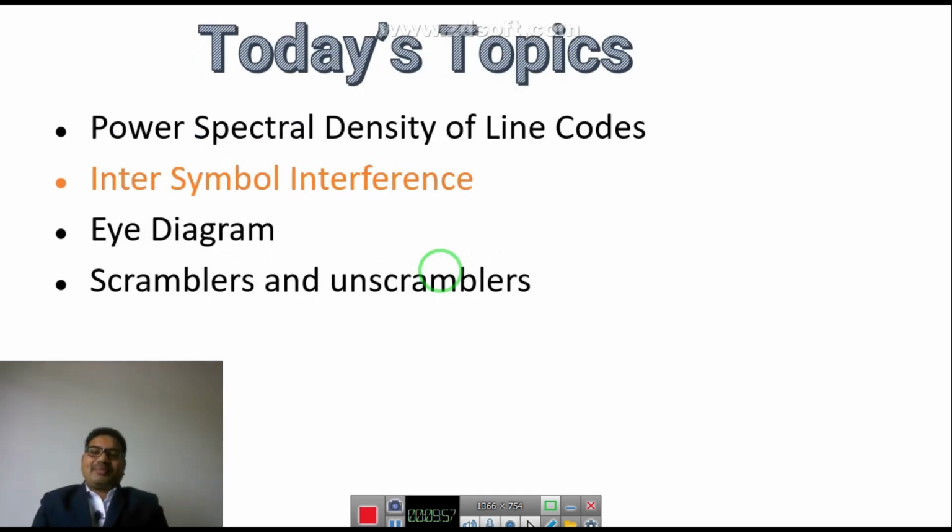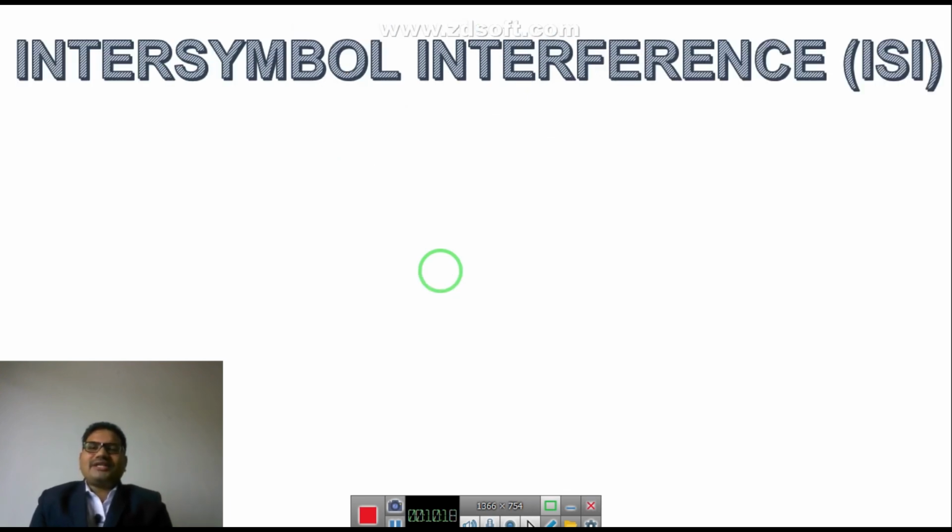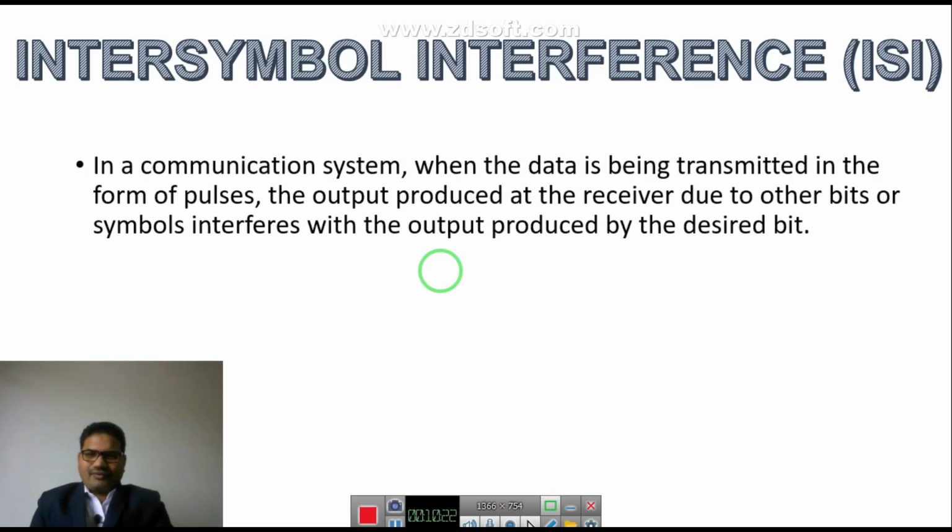Now moving towards the next topic, that is called intersymbol interference. I told you that instead of transmitting a unit pulse or rectangular pulse, if we transmit the information in the form of sinc pulse, then it is possible to reduce this intersymbol interference. But before that, let us see what intersymbol interference is.